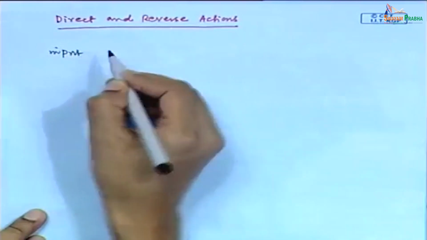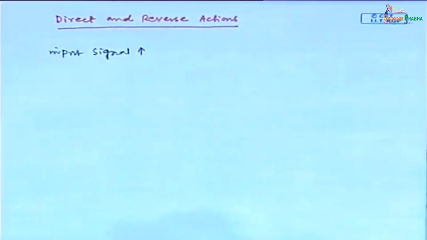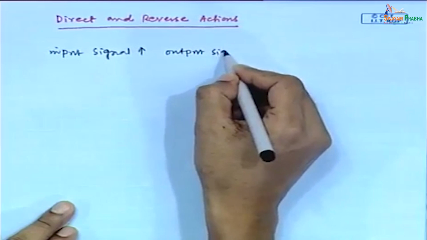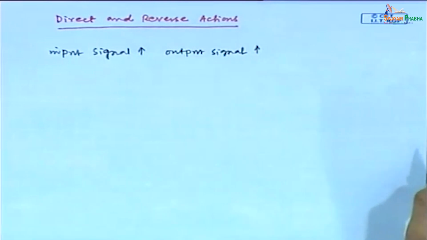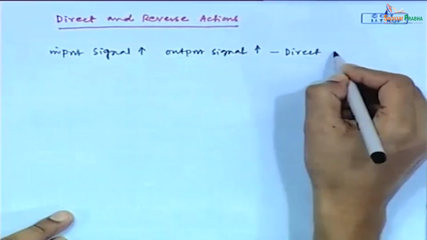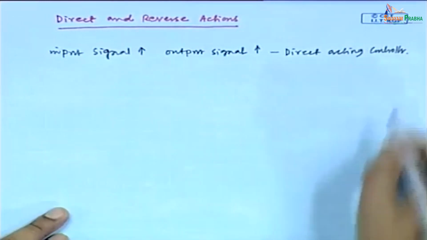As the input signal to the controller increases, the output signal from the controller must increase for direct acting controller.